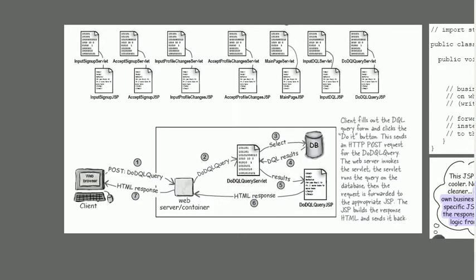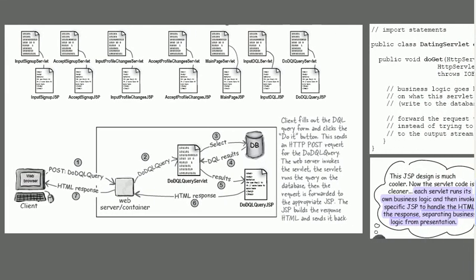So this is how a transaction looks. You send a query, the web server forwards it to the container, which would invoke a specific servlet, which interacts with the database and generates results, and gives it back to the container. The container sends it back to the server, which then forwards the response to the client.